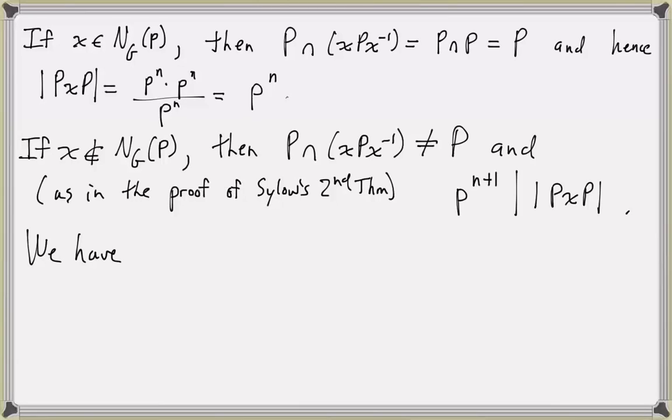So recall that we have written G as the union of these distinct double cosets PxP.